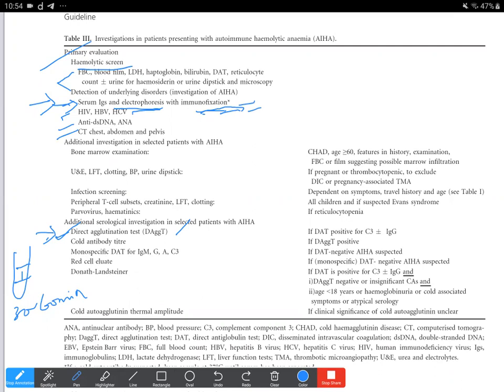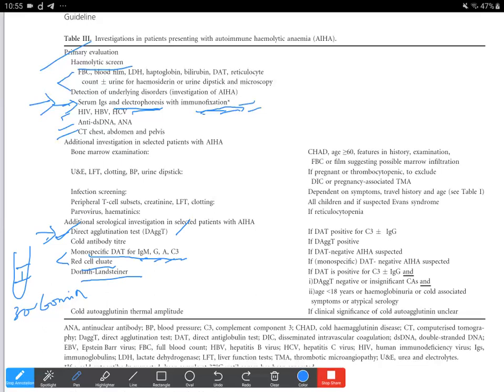And after that, to differentiate, for the DAT negative, we may have to go into red cell eluate and monospecific DATs with IgM, IgG, IgA, and C3. And Donath-Landsteiner would then be specific for the cases of paroxysmal cold hemoglobinuria.